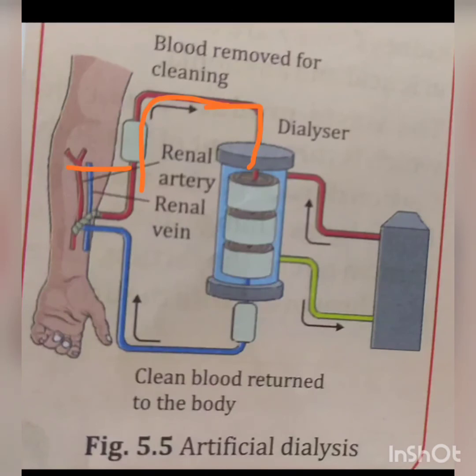As the blood gets pumped through the tube, molecules of urea and uric acid diffuse out into the dialysis fluid. The purified blood is then pumped back into the patient's body through the renal vein.